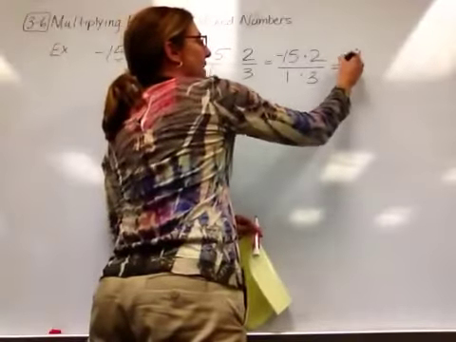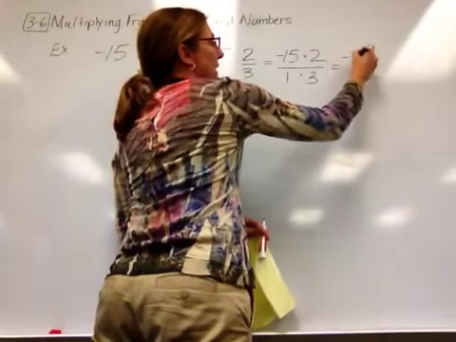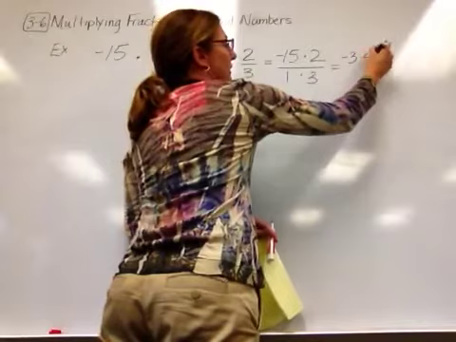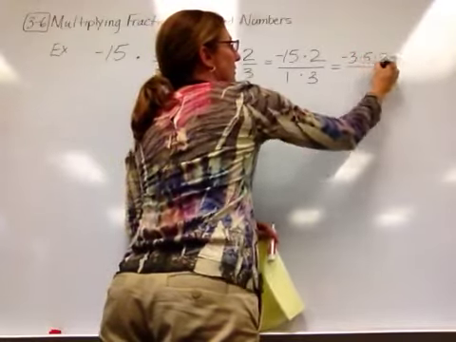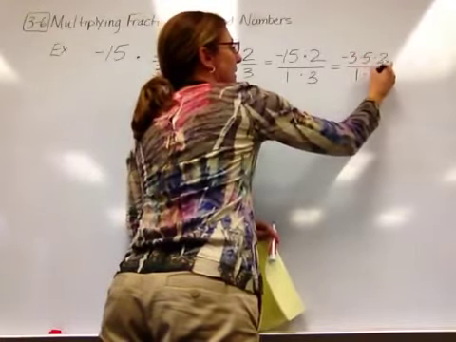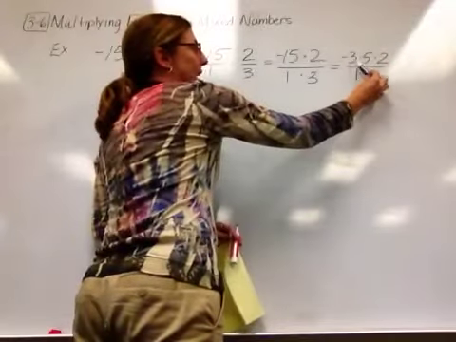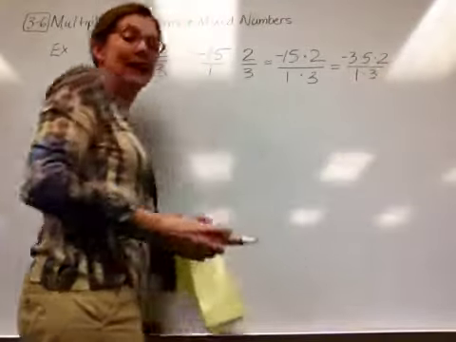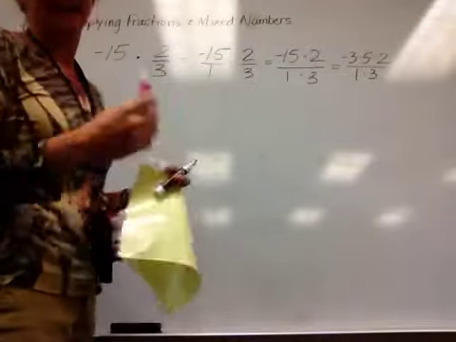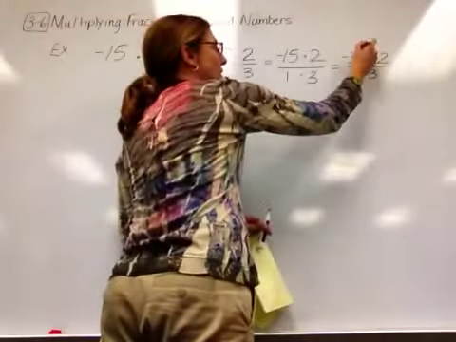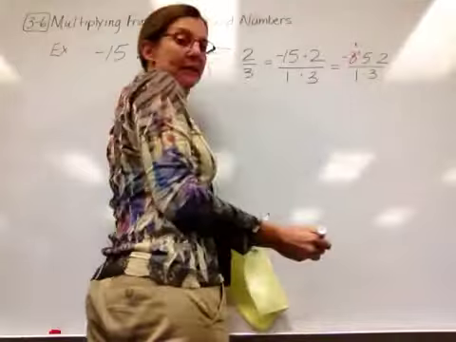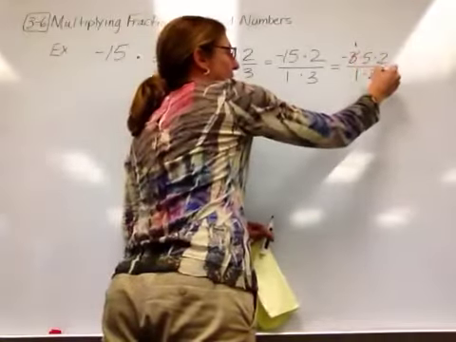I can break that down into negative 3 times 5 times 2 over 1 times 3. Now notice I've got a 3 factor right here that I can divide out, or I can say that's equal to 1. So if I've got 1 in the numerator, I can divide it out, divide 3 out of there and I get 1. I've got to divide 3 out of here and get 1.